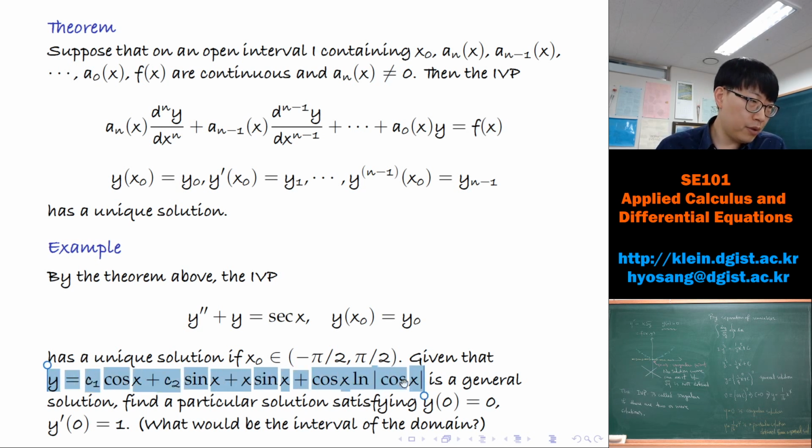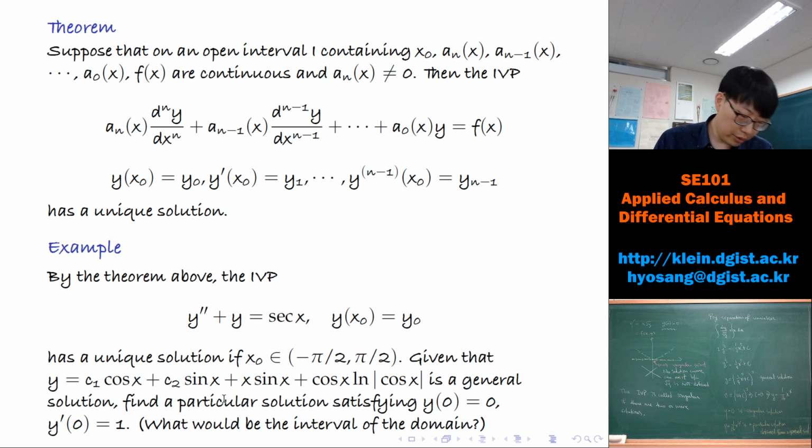If you solve your differential equation using various techniques, you have this general solution. And to find the particular solution, you need two initial conditions. Say you have an initial condition y(0) equals 0 and y prime(0) equals 1. Then just plug in zeros and set up two equations to solve for C1 and C2 to find a particular solution.